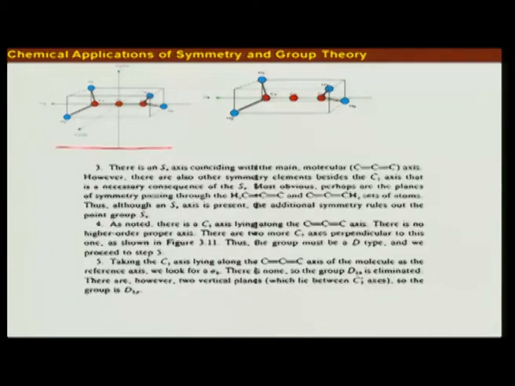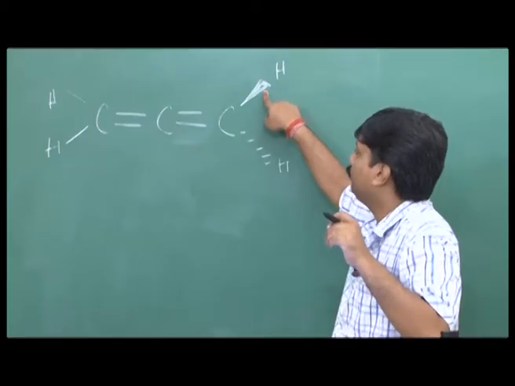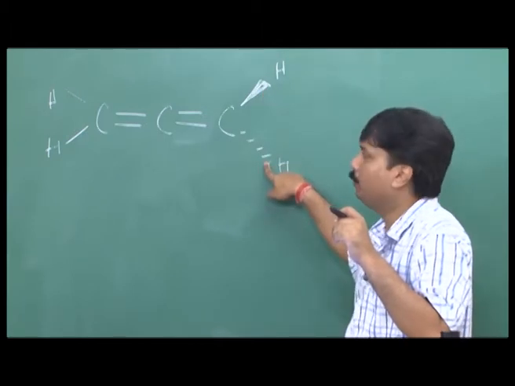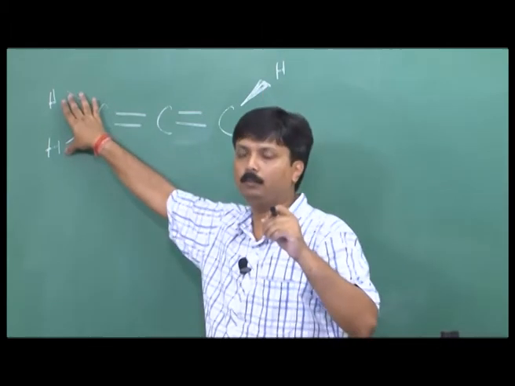So you can see the one that I was talking about. One is above the plane of the board, another is below the plane of the board, and these two CH bonds are on the plane of the board.